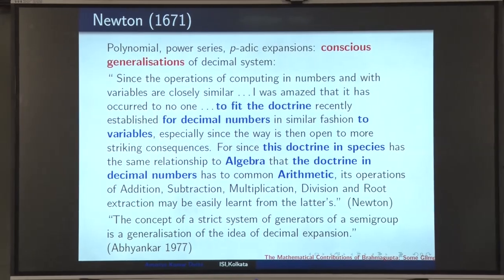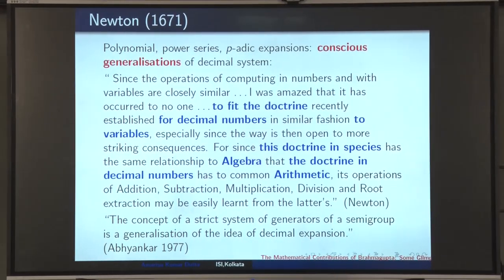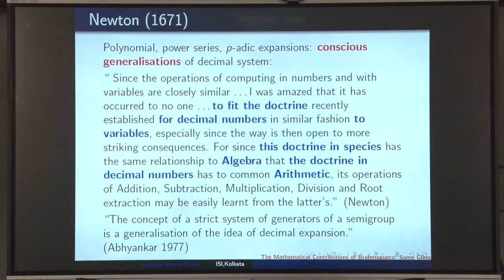So, Newton says that since the operations of computing in numbers and with variables are closely similar, I was amazed that it has occurred to no one to fit the doctrine recently established for decimal numbers.